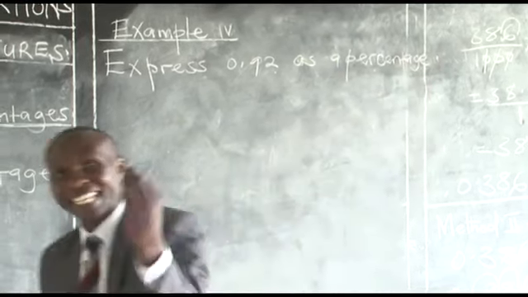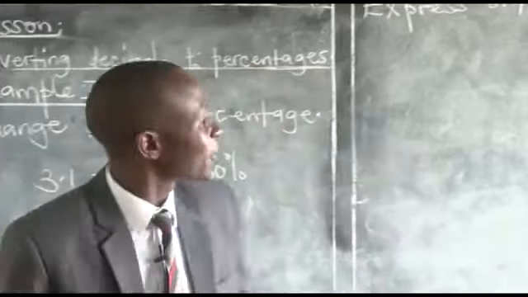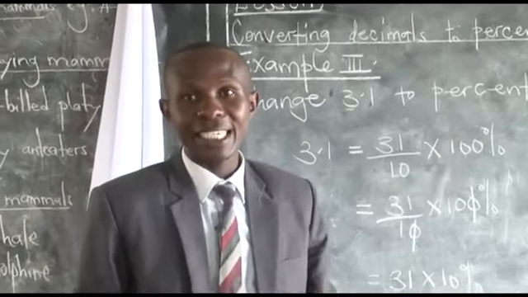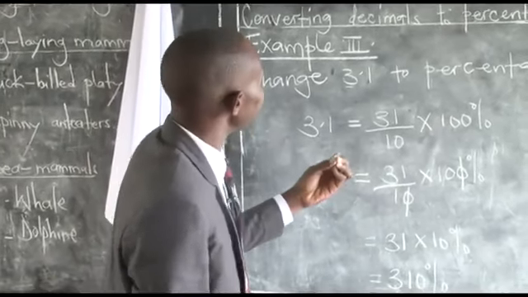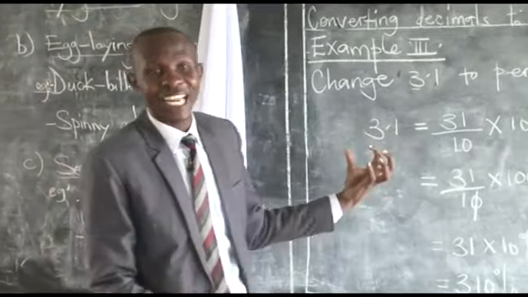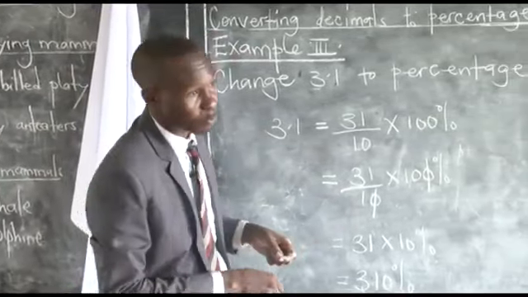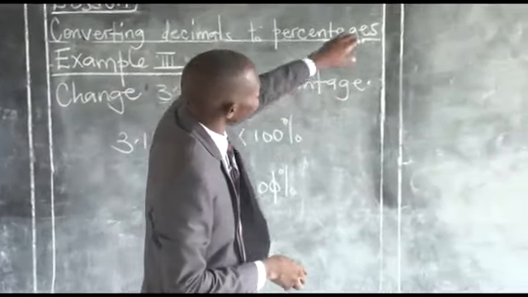So I want us to look at the last example. How do we change 0.92 into a percentage? That will be our last example on this lesson, as we switch to the next program tomorrow. So let's look at this.